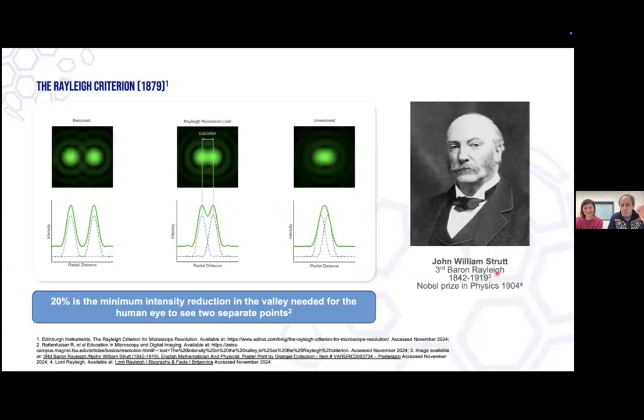And William Strutt, who is a Nobel Prize winner, determined the reason why we see two different light sources or one single point, and it depends on how much trough there is between the two peaks of light.